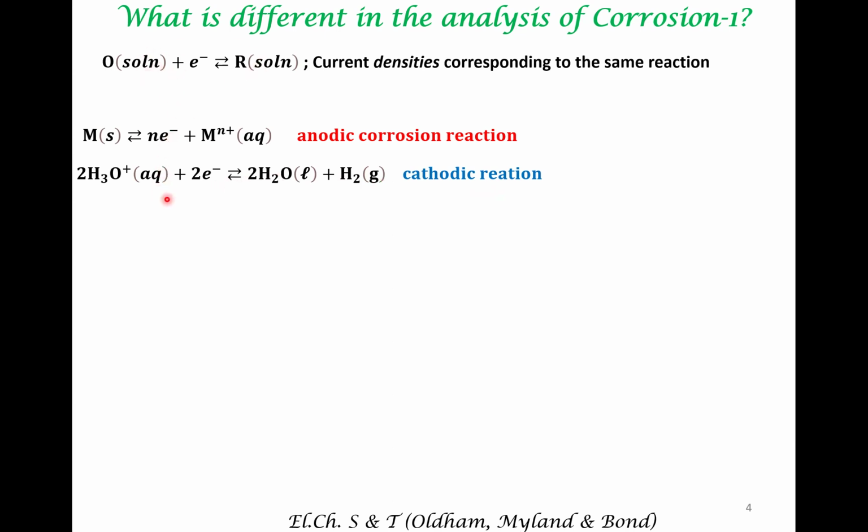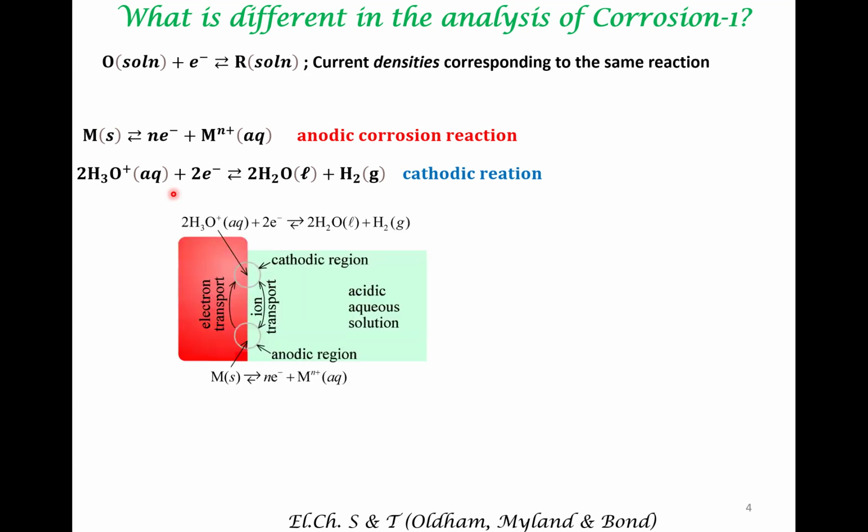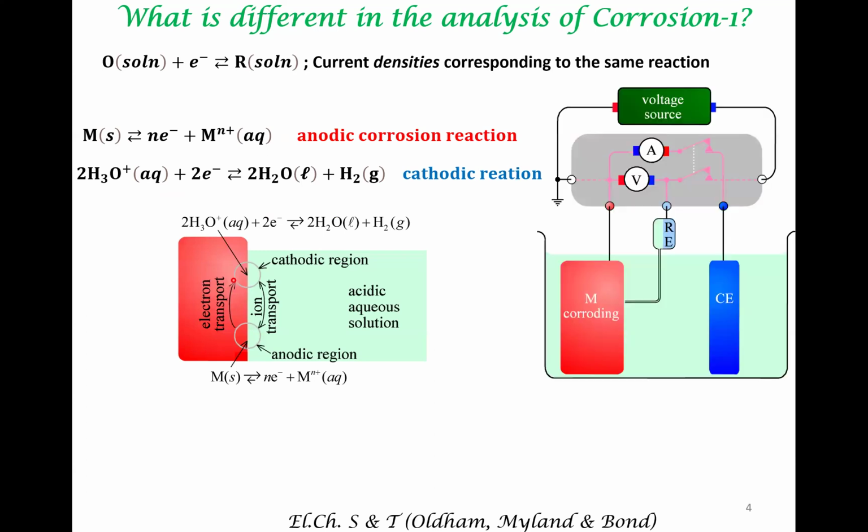Here in corrosion we have pairs of reactions. This is the central difference, and this has implications in the way we think about currents in a corrosion cell. Note the corrosion cell. In a corrosion cell, the anodic region is not separated from the cathodic region. So despite this issue, the electrochemistry can be well studied via this setup.